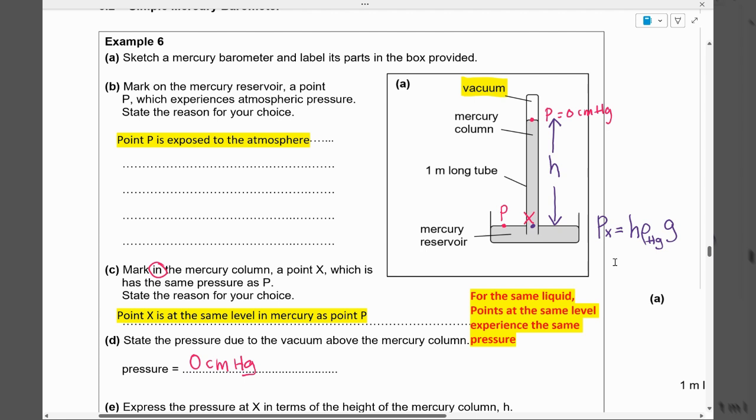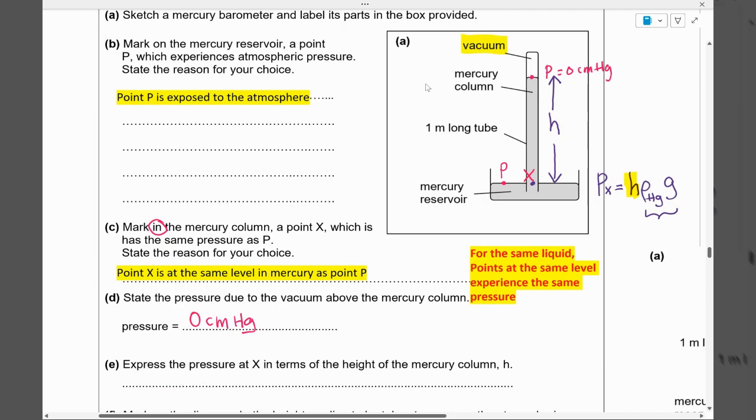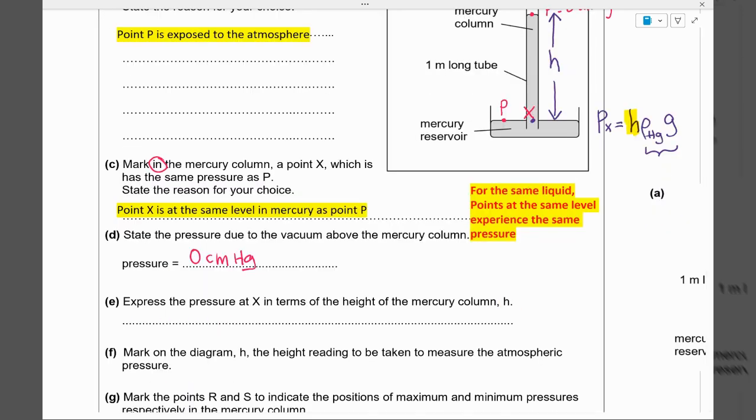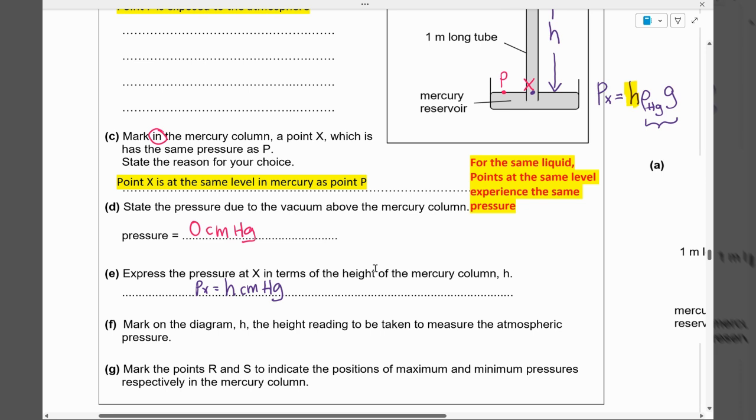Alternatively, when expressed in cmHg, we can just look at this length and replace it with cm of Hg. How many cm of mercury? So this can be expressed as P equals H cmHg, or rho g H in Pascal.